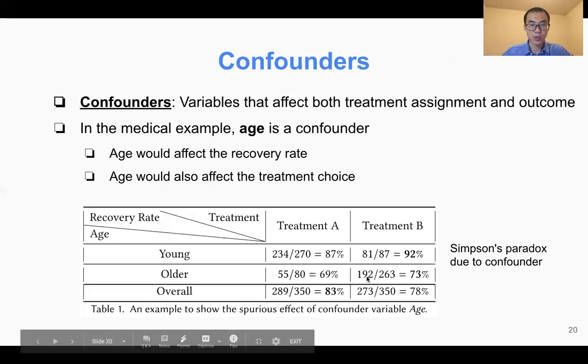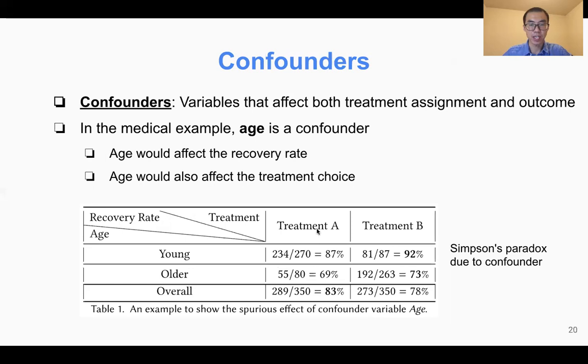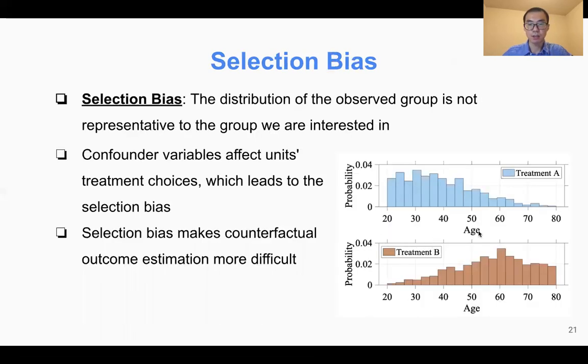In this example, you can see young people, they are more likely to receive treatment A because there are 270 young patients who receive treatment A. However, only 87 received the treatment B. On the other hand, more older people tend to receive treatment B over treatment A. Therefore, as you can see from the histogram here, different age groups have different preference of receiving treatments. So this is the issue of selection bias, which will make the counterfactual outcome estimation more difficult.